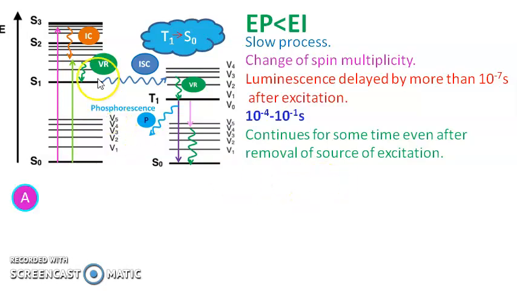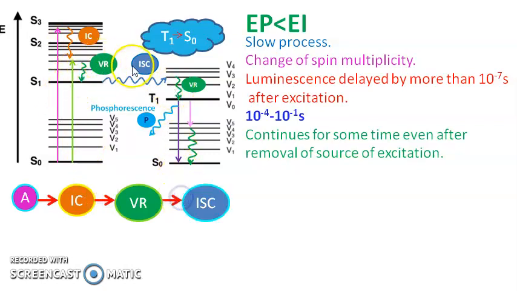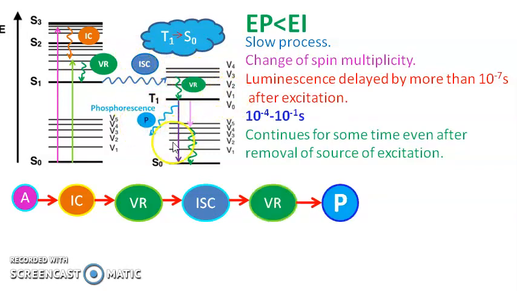Now let us see the pathway by which phosphorescence can occur. Firstly, absorption of light occurs, followed by internal conversion, followed by vibrational relaxation, then intersystem crossing, then again vibrational relaxation, and then phosphorescence.